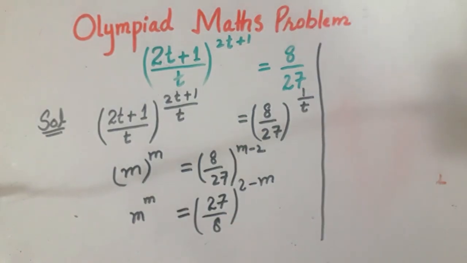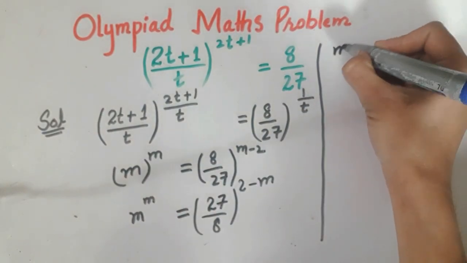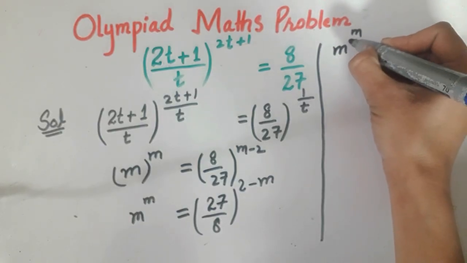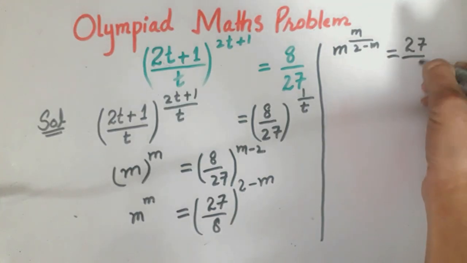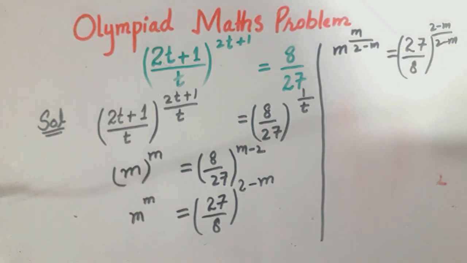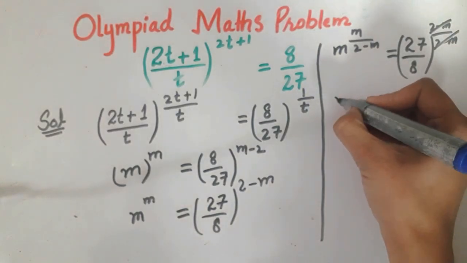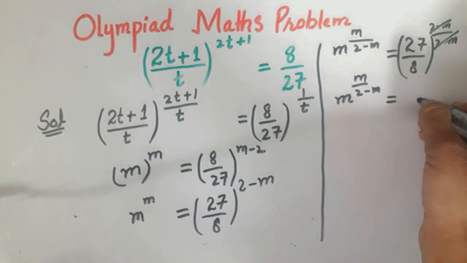Now in the next step, we will divide both sides by 2 - m. So 27/8 to the power 2 - m is divided by 2 - m. It means that 2 - m and 2 - m both cancel out. So we have m to the power m/(2 - m) equals 27/8.